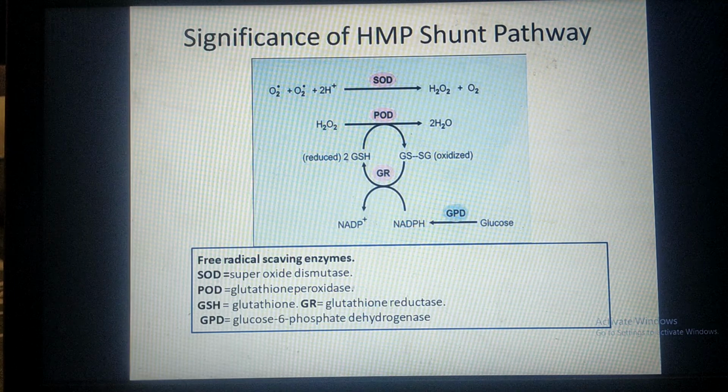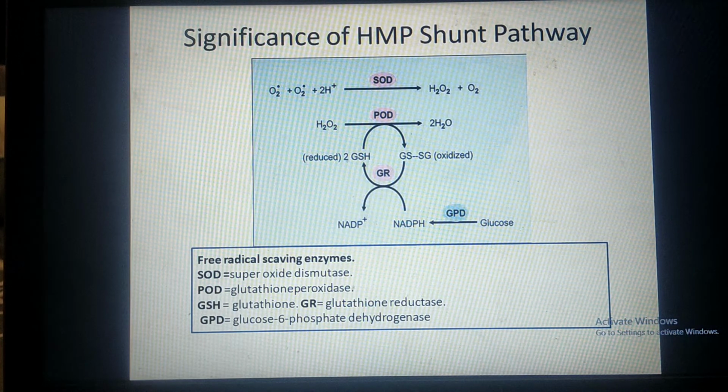So two superoxide anions are there. The enzyme SOD, superoxide dismutase, converts the superoxide anion into hydrogen peroxide and oxygen with the help of two protons. Now this hydrogen peroxide is also damaging for us.